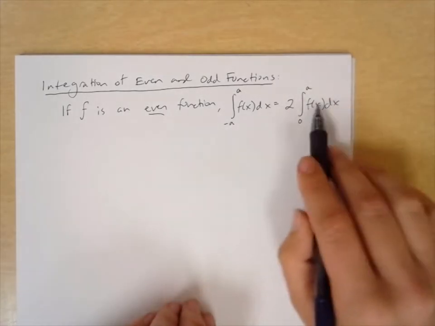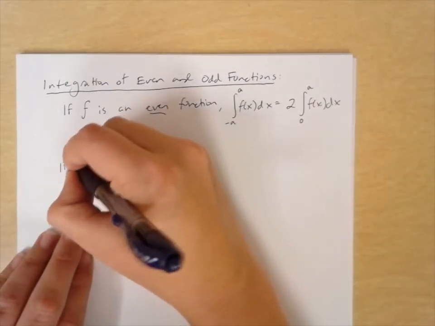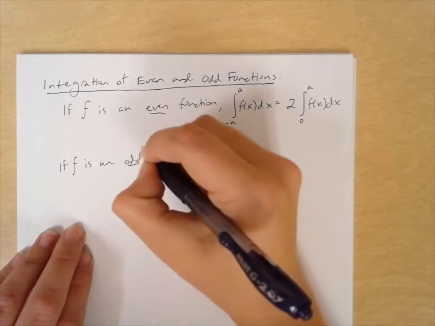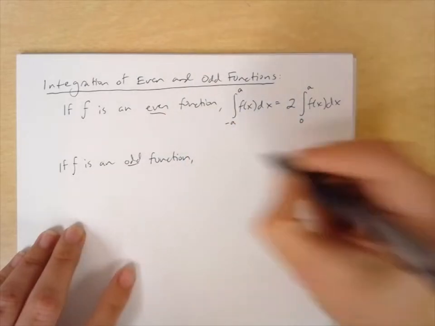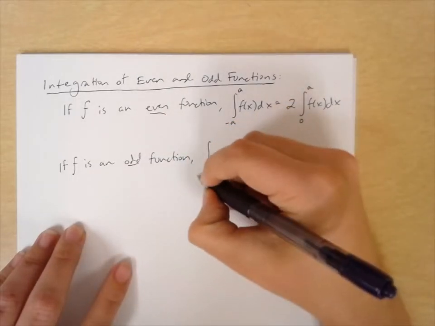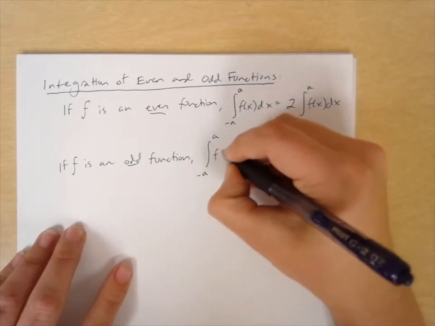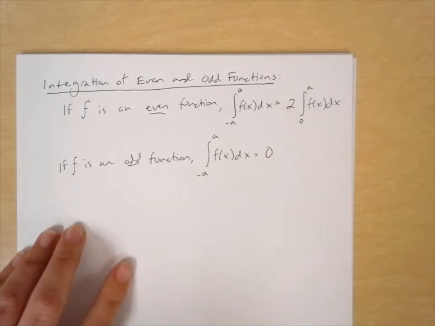So basically double just the positive half of that integral. If fancy f is an odd function, then we say something else. We say the integral from negative a to positive a of that function is just 0.